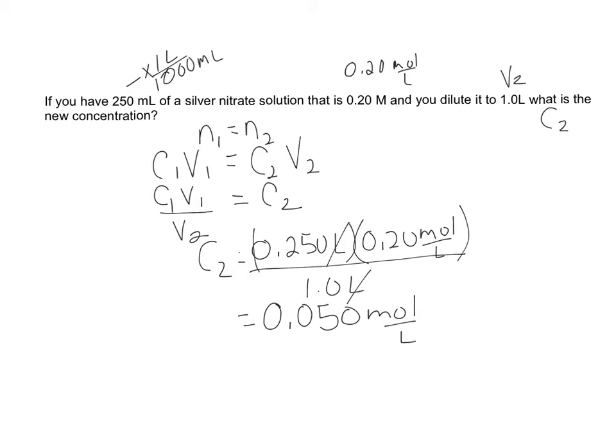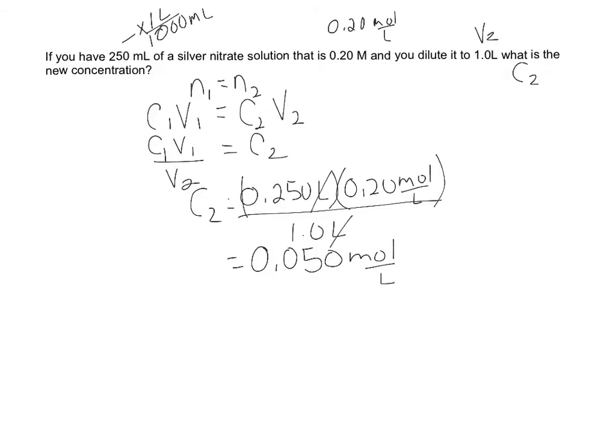So whenever you do a dilution, your second concentration will always be less than the concentration of your initial concentration because you're diluting it. There's going to be more water, the same solute, but more water. So it becomes more dilute.